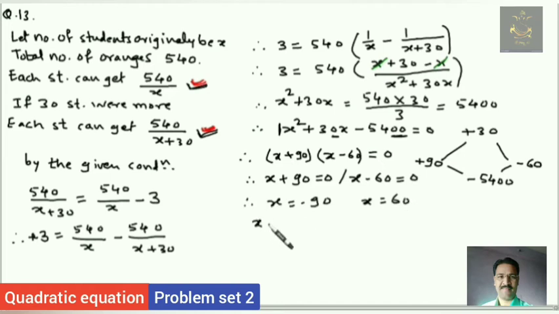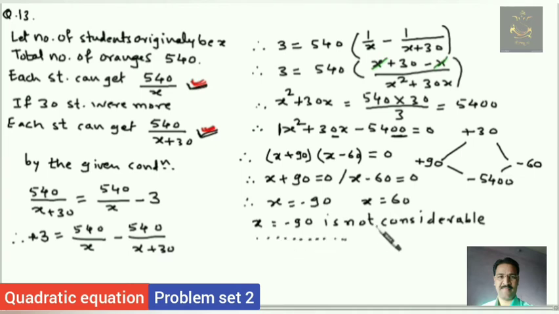Now just see here, this x equal to minus 90 is not considerable. Tell me why? Yes, why is it not considerable? Because number of students is never negative.